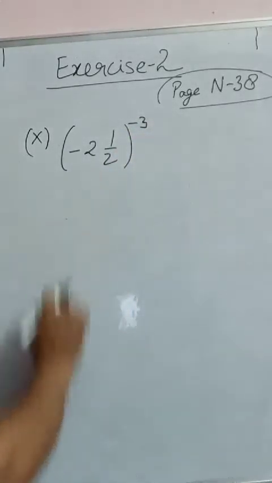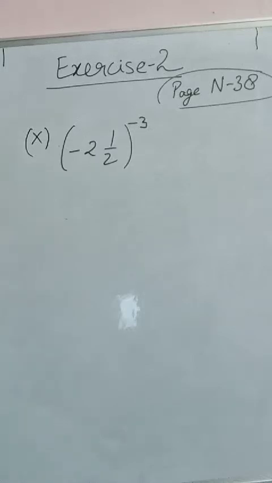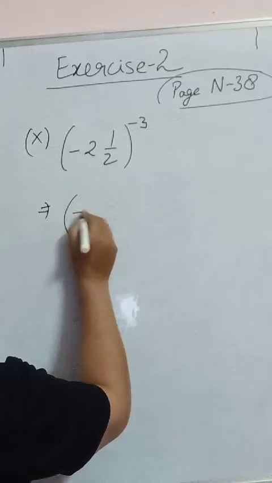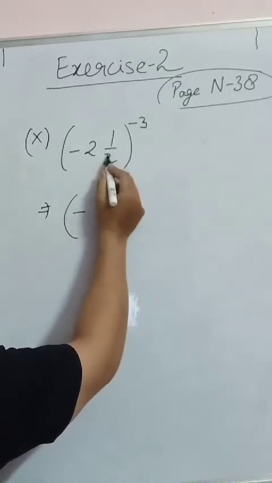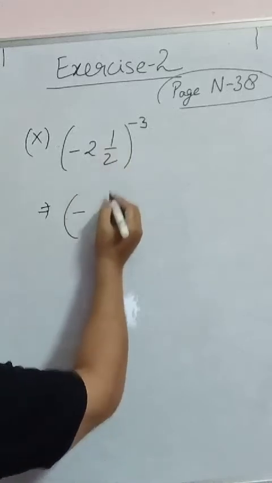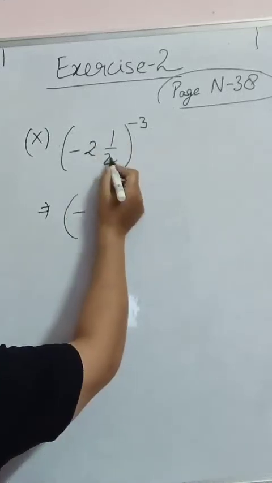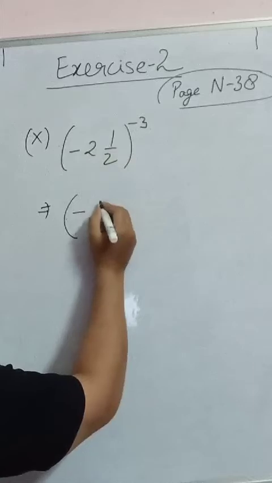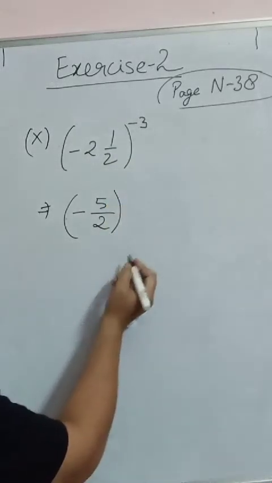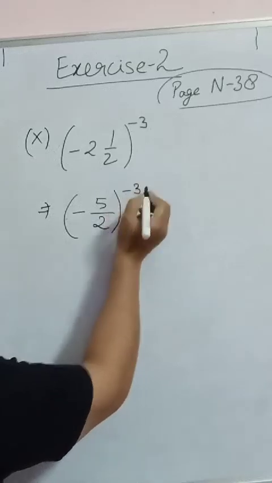So first of all, the mixed fraction has to be converted into an improper fraction. I believe you know how to convert it. The denominator gets multiplied to this number. 2 into 2 is 4 and this is added to the numerator. 4 plus 1 is 5. So the actual fraction inside the bracket is minus 5 by 2 and the power is minus 3.